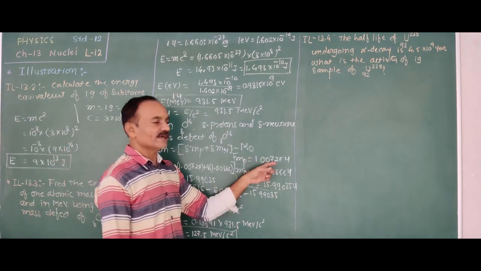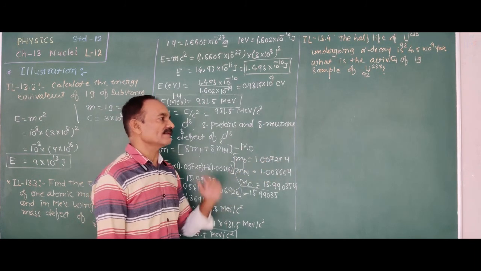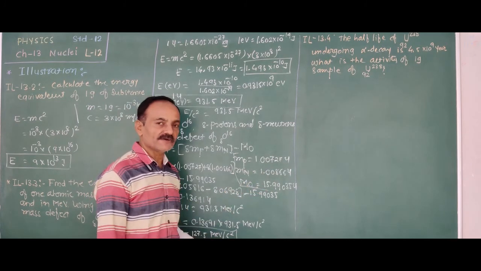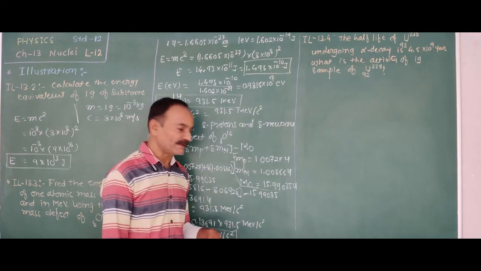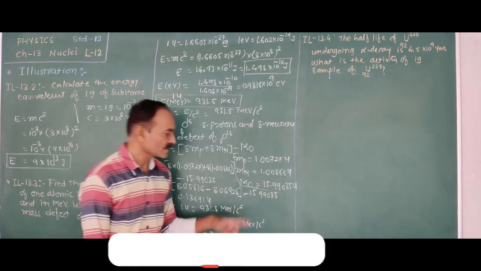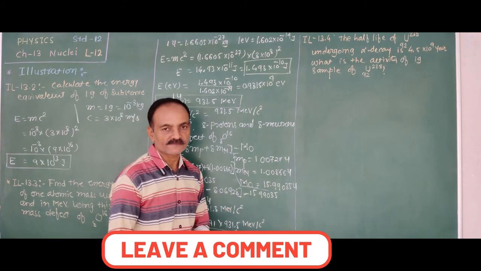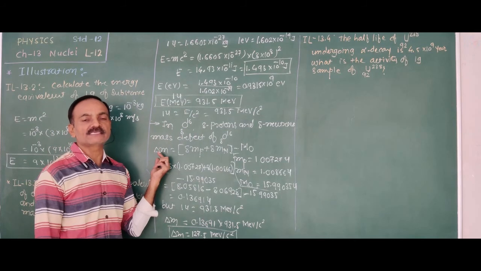Mass of one proton in atomic mass unit is 1.00727, and mass of the neutron is 1.00866 atomic mass unit, and the experimental value of mass of oxygen is 15.99035 atomic mass unit.